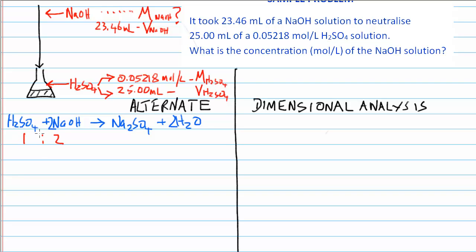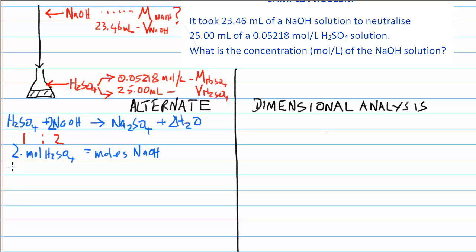So for every 1 mole of sulfuric acid that we have, we need 2 moles of sodium hydroxide to completely react with it, to completely neutralize it. In other words, we can say 2 times the moles of sulfuric acid is equal to the moles of sodium hydroxide.